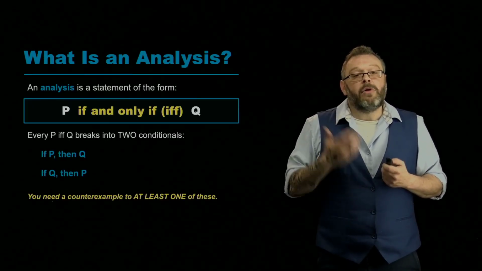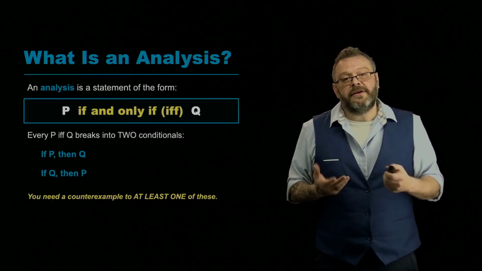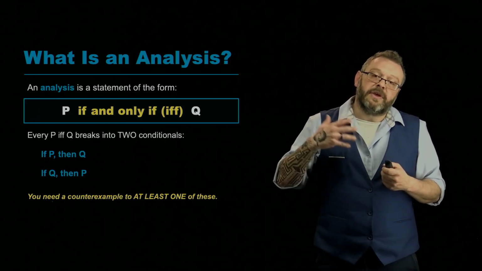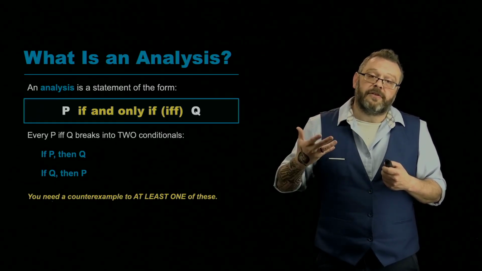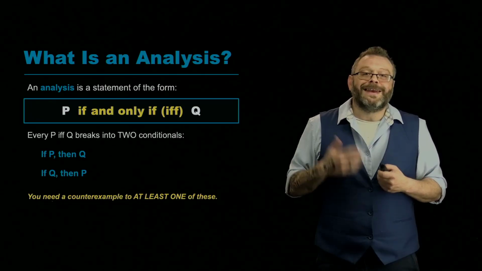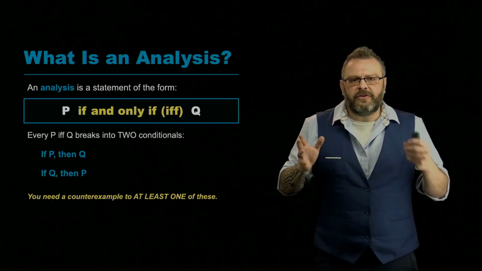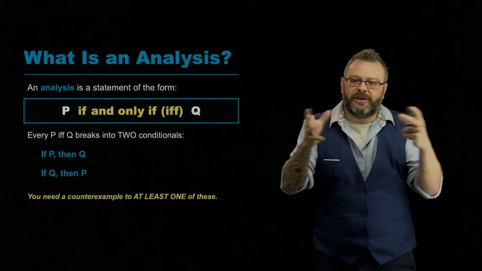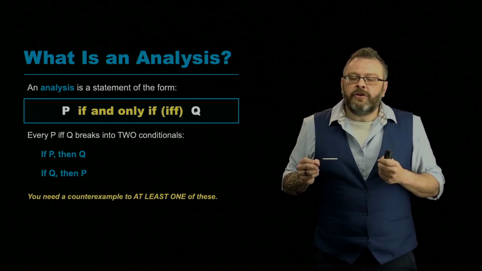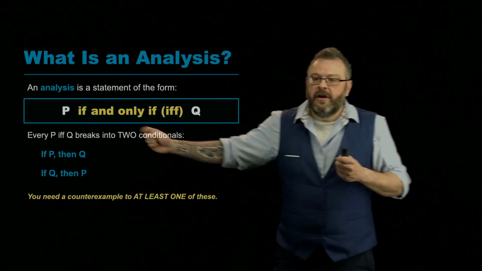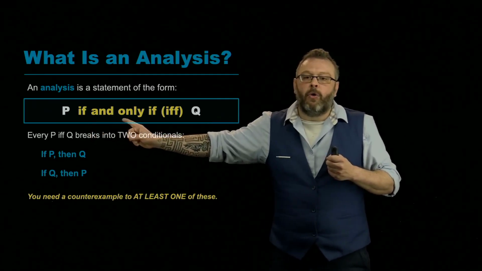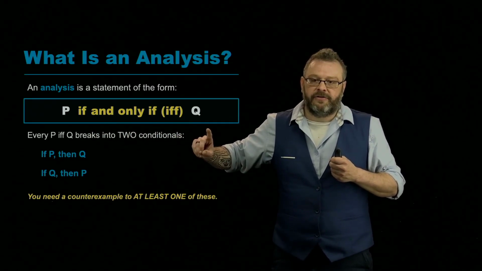But whatever the field is, whatever the complexity is, this is how we go about constructing counterexamples. Now, a lot of times, especially when we get into ethical theories, we're going to see what's called an analysis. And an analysis is really just like two conditionals squished together. The way that you'll see it written is something if and only if something else.